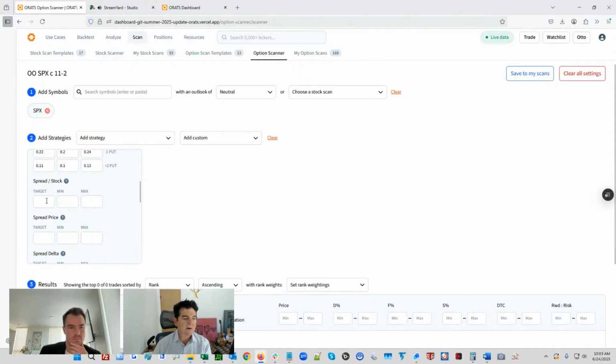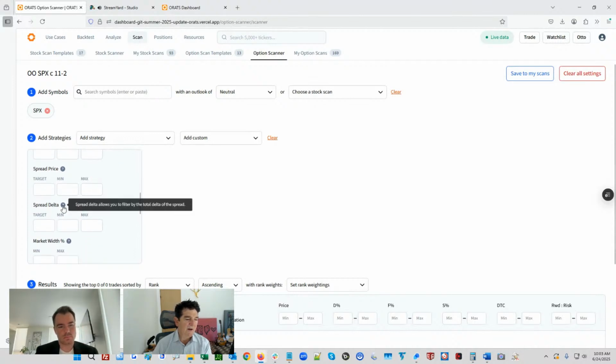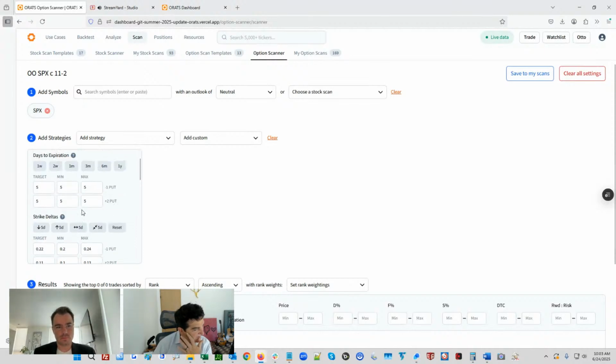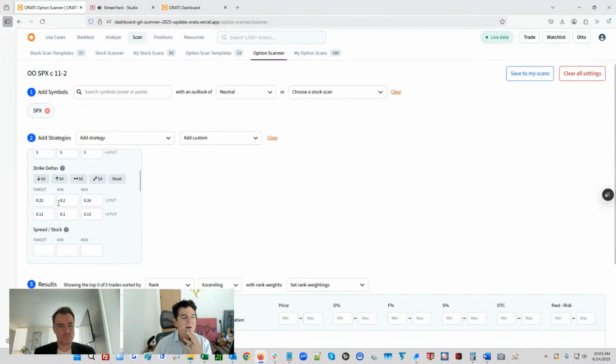So it's a handy tool, or just an absolute amount you want to pay, or the delta that you want to trade it at. So you might have delta ranges in your strike deltas here, but then you would say, well, I want my spread delta to be this, even though those are the constraints above.